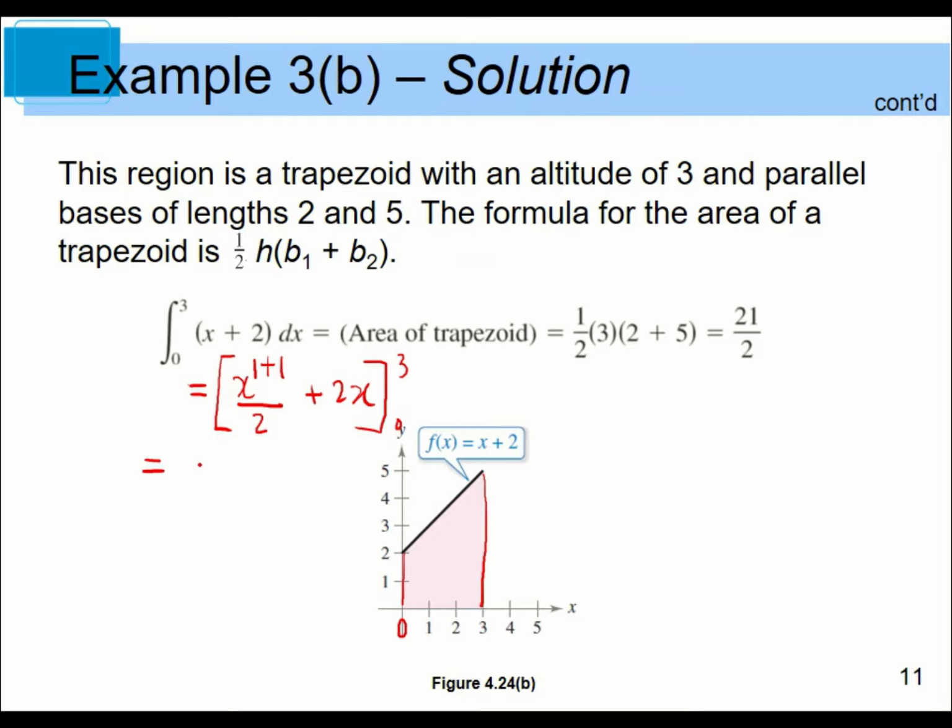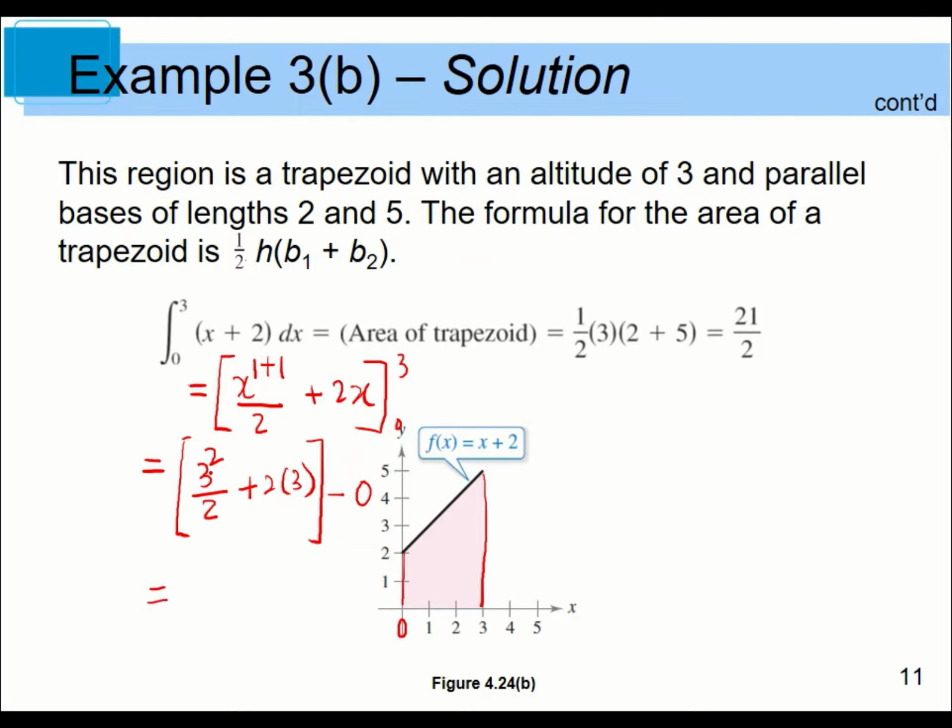So 3 substituted here is 3 squared over 2, plus 3 substituted here is 2 times 3. Minus, we substitute 0 inside. If we substitute 0 inside, we get 0 here. If we substitute 0 into 2x, we also get 0. Therefore, the whole term is 0.